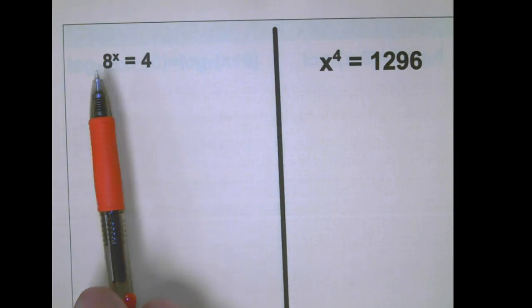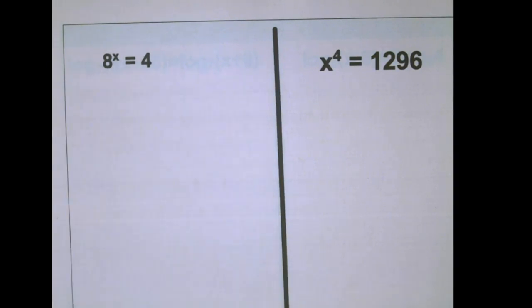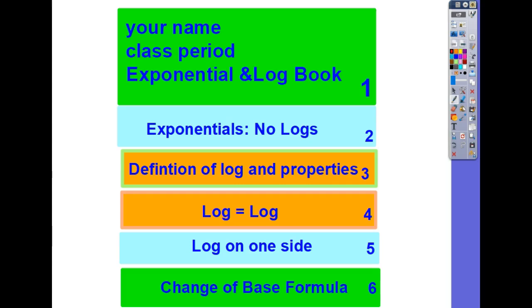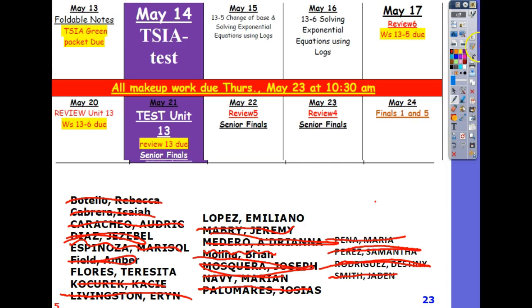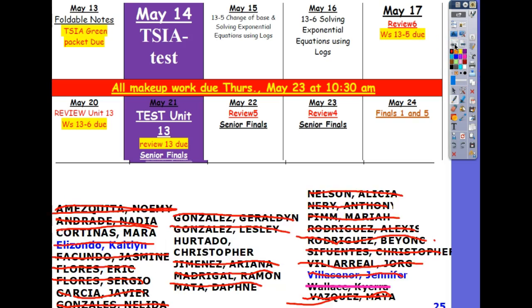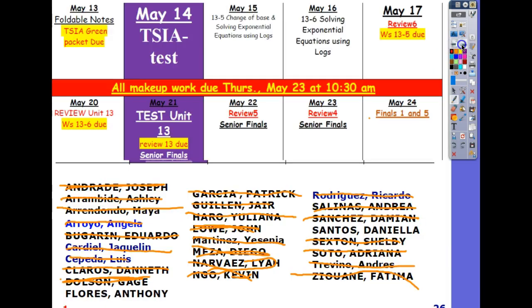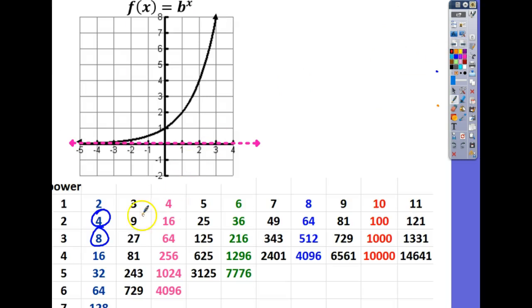And we learned to change this to the same base. So if we're going to change this to the same base, get back over here to my chart. So we have the 4 and the 8 right there. So what base are we going to change it to?